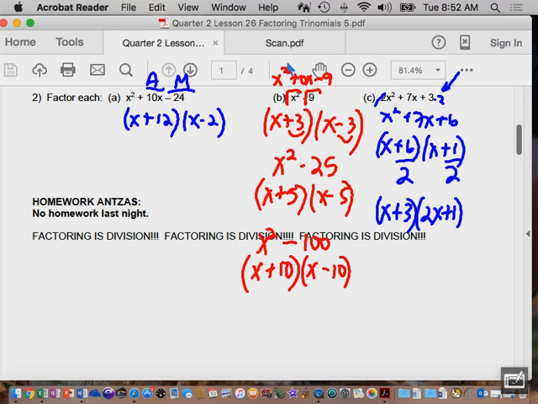And one last try. I think it'll be the last one. 4x squared minus 81. Janelle, what do you think?